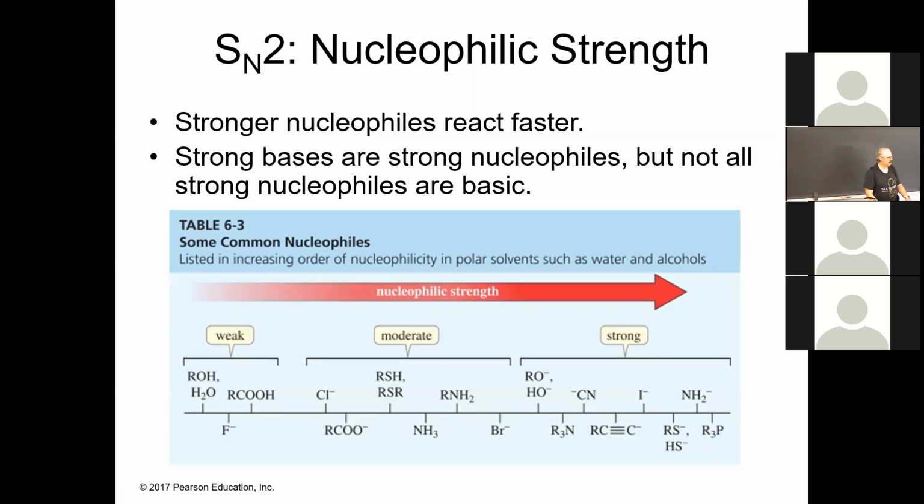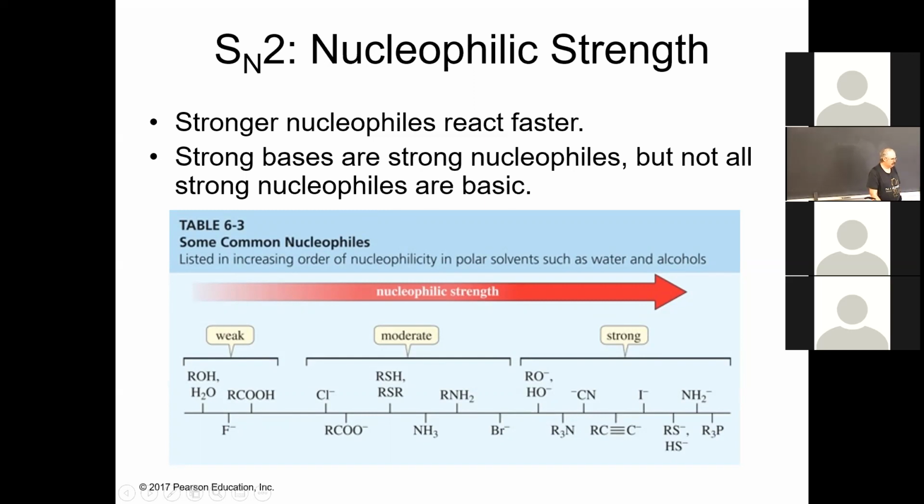So these are some common nucleophiles. And down here on the left-hand side, we have the weak nucleophiles. Neutral molecules such as alcohols and water, carboxylic acids. Fluoride is actually a weak nucleophile.